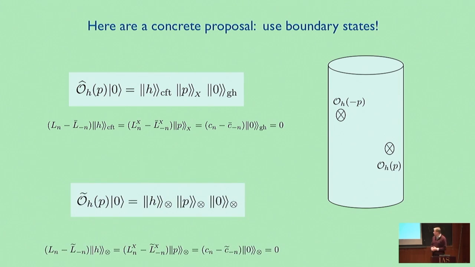Let me also put out another possibility: instead of doing the D-brane type boundary conditions, which would localize the boundary state at a point in space, there's another option where you work with cross-caps, where you take a cross-cap boundary state.